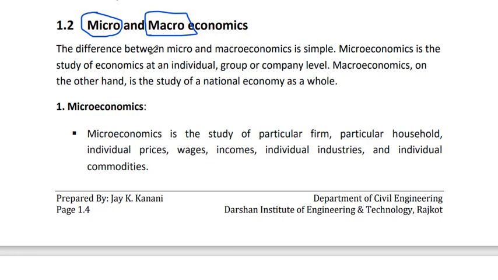The difference between micro and macro economics is simple. Microeconomics, small economics, is the study of economics at the level of an individual, a single person, you or me, your friends, or a group like your classroom friends, or a particular company.